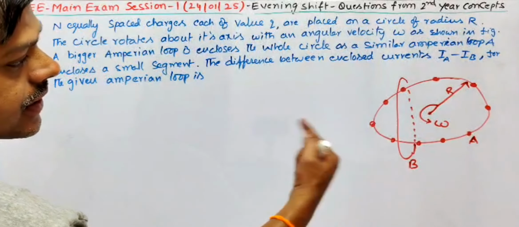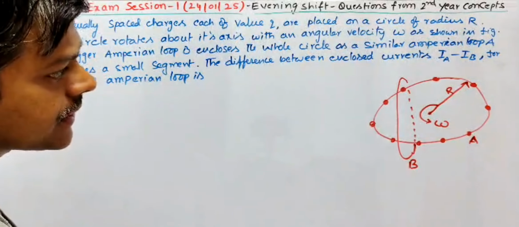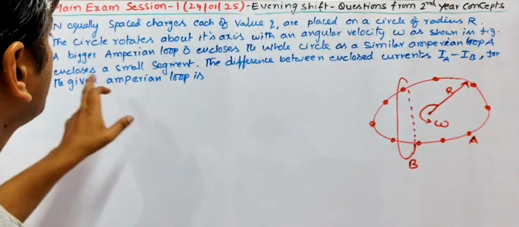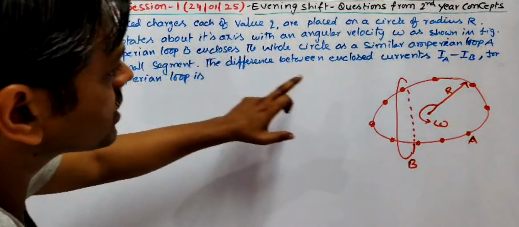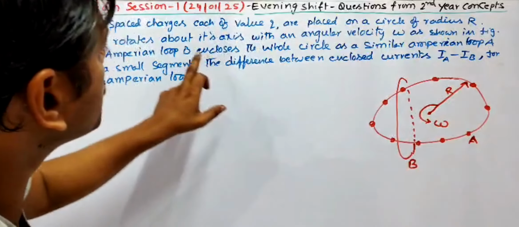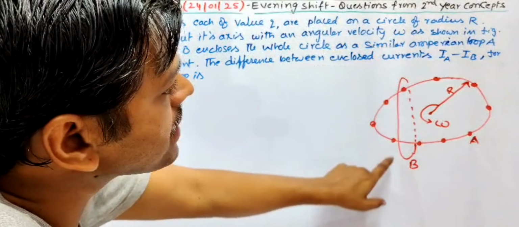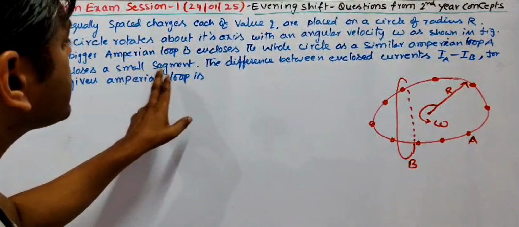Okay, right. This is rotating. So what happened? It constitutes current. So current due to circle is I_A. Next, a bigger Amperian loop B encloses the whole circle, whereas Amperian loop A encloses only a small segment.